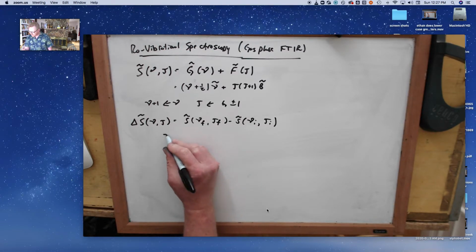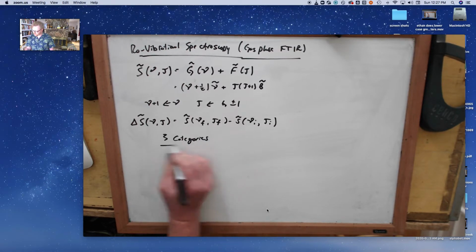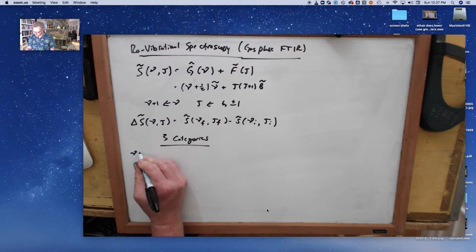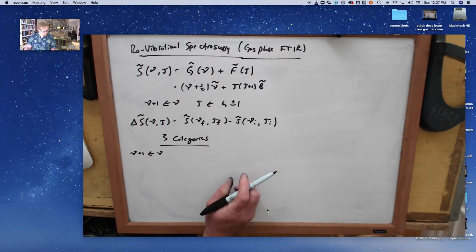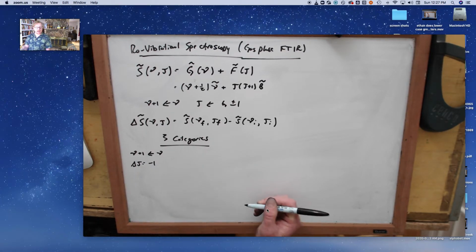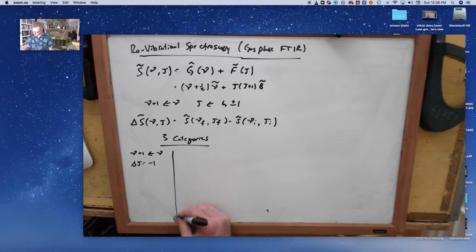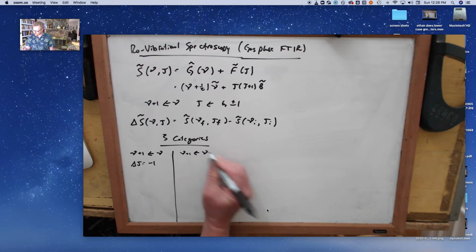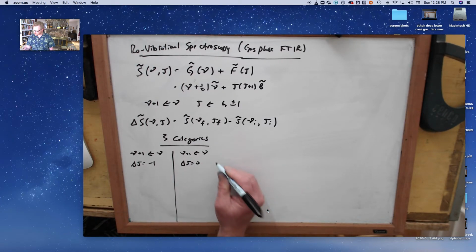And so we end up getting three categories from this situation. We get a situation where nu goes to nu plus 1 and delta J changes by negative 1. We have a situation where we go nu to nu plus 1 and delta J does not change.